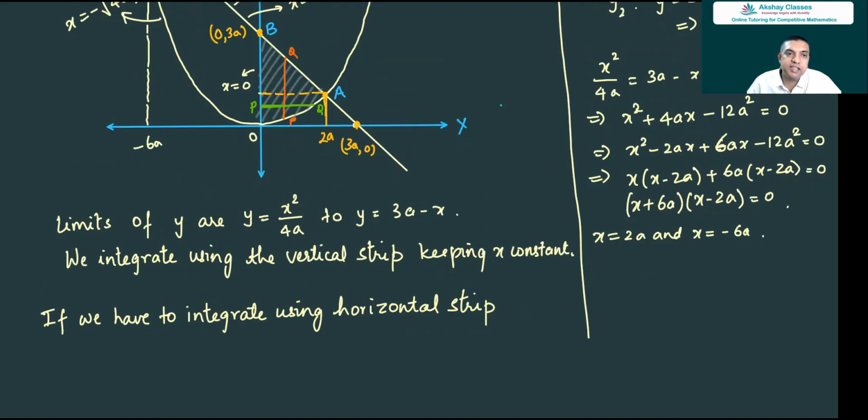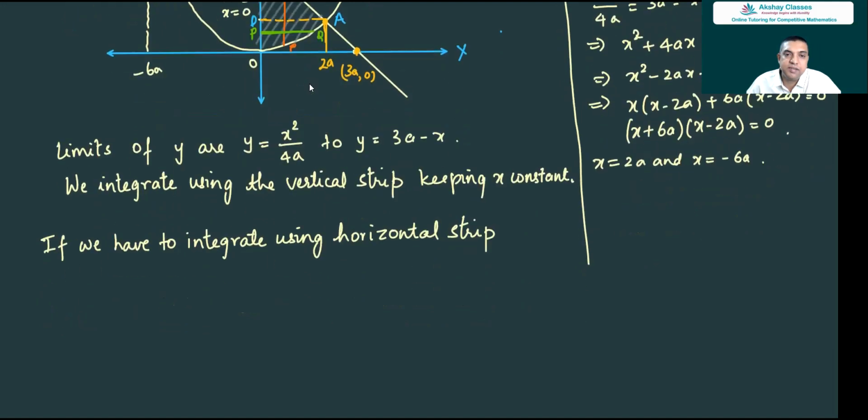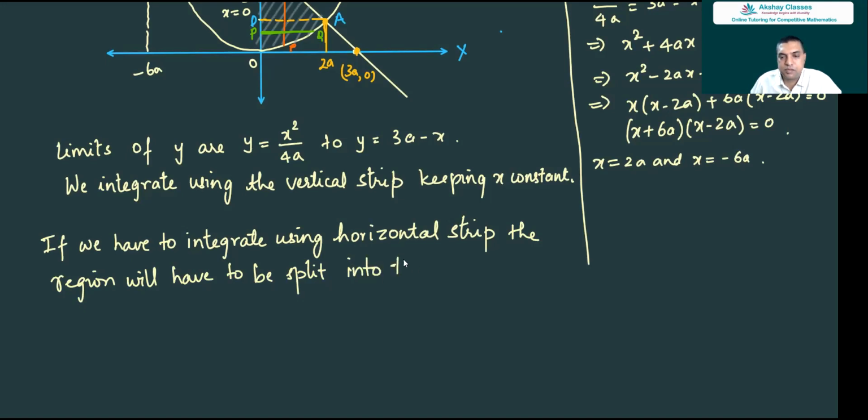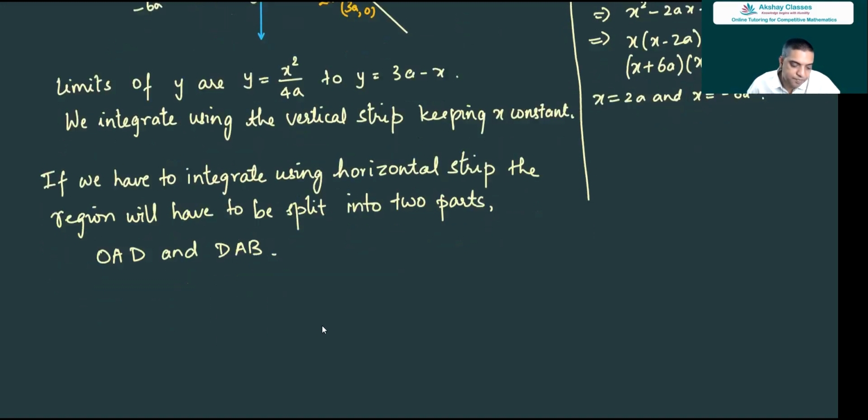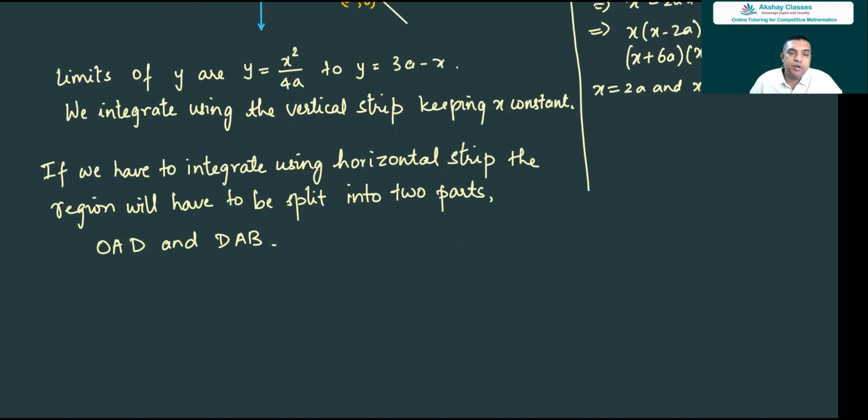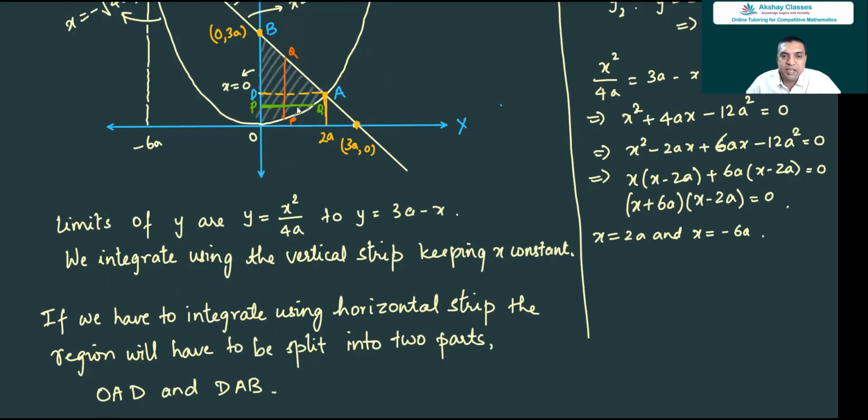I will write this as D. O, A, D and D, A, B. So therefore now the integral will be, now look at this strip, keeping y constant, I integrate with respect to x.